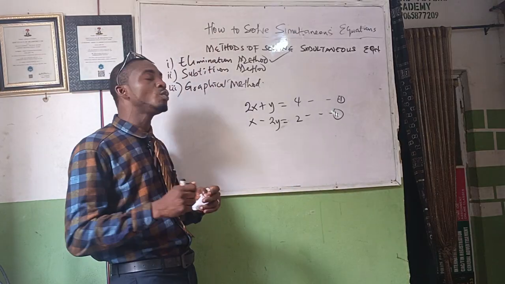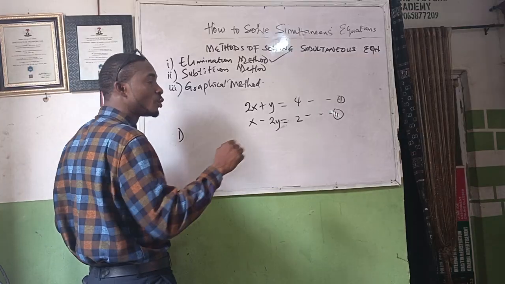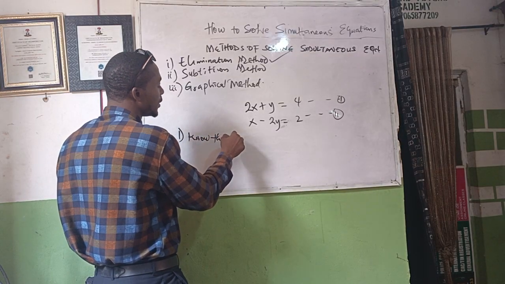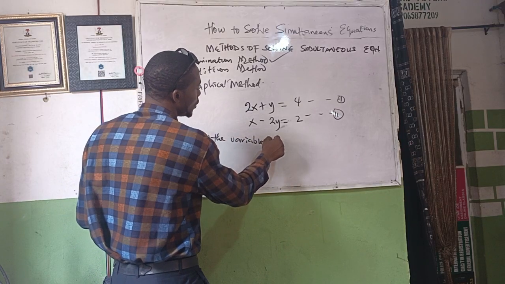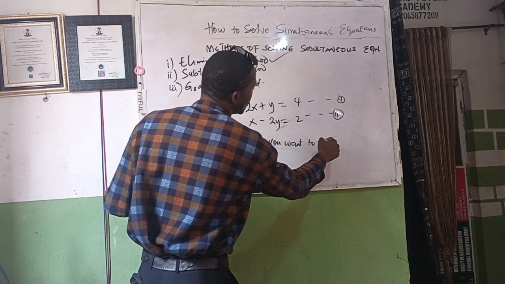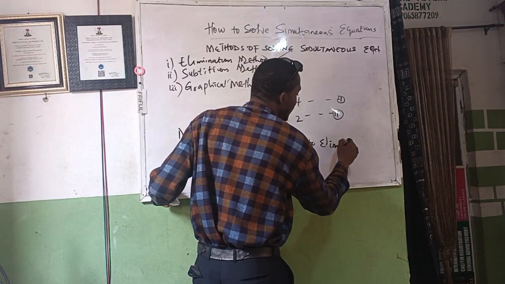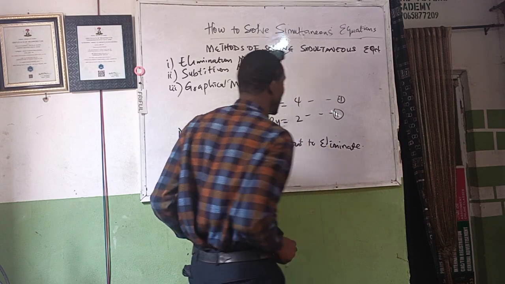Now that we know we are eliminating y, number one, you must know what you want to eliminate. Know the variable you want to eliminate. That is the first thing.